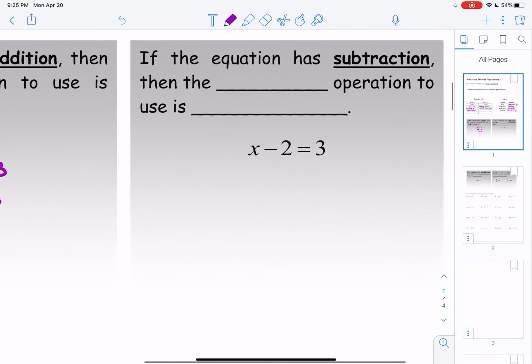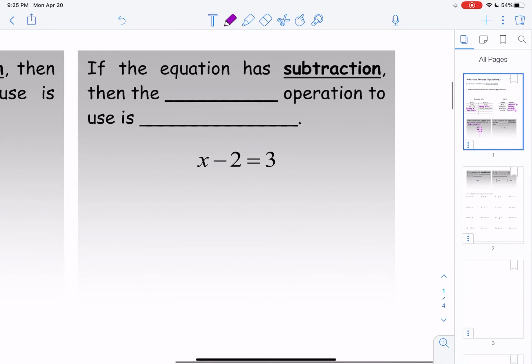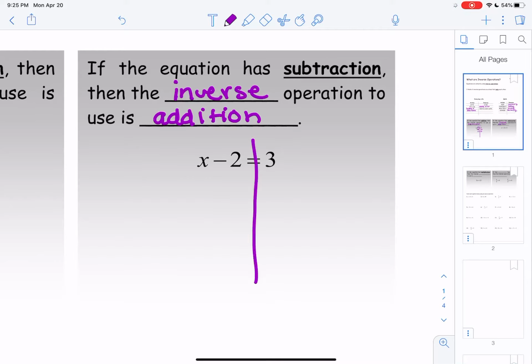Now let's look at the next one. If the equation has subtracting, then the inverse operation to use is addition. Once again, I'm going to draw my line to divide the left side from the right side. Here I have minus 2, so I'm going to add 2.